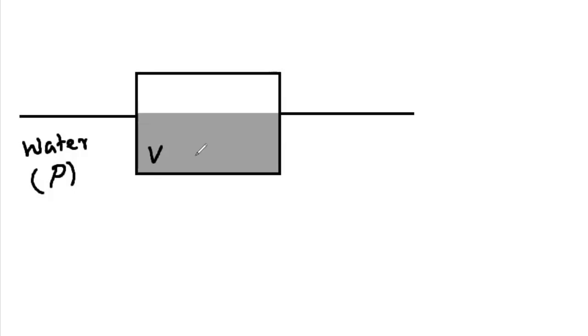I'll repeat one more time. This is the volume of the object which is under the water level, inside the water, thereby displacing, very important, the same volume of water.